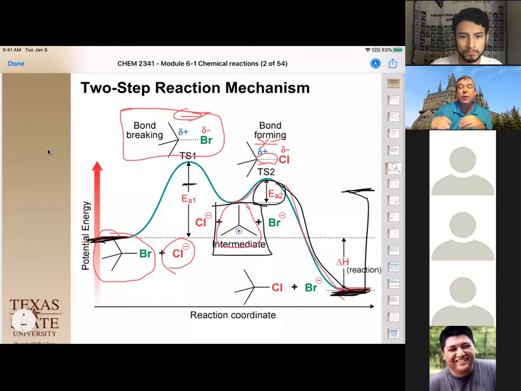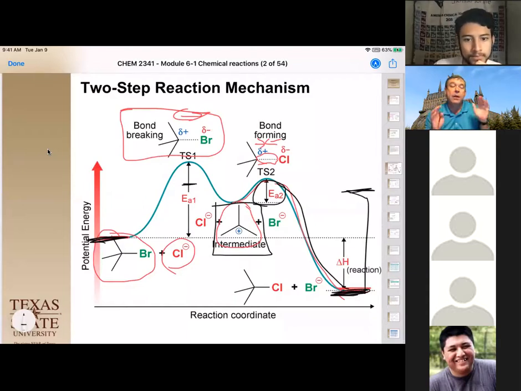So in the one-step reaction, we have three important things: the energy of the reactants and products, the energy of getting to the transition state, and the transition state. In the two-step mechanism, we add the intermediate and a second activation energy.